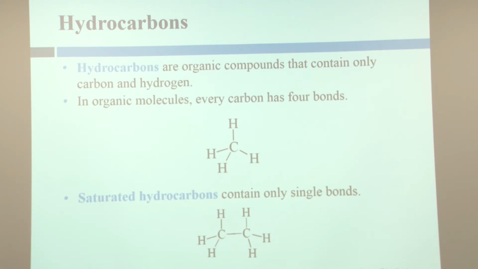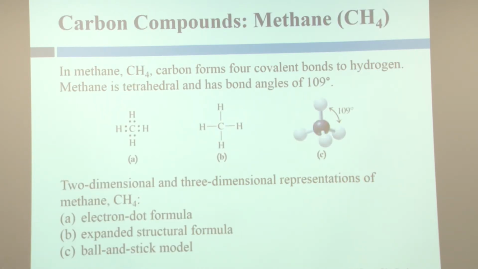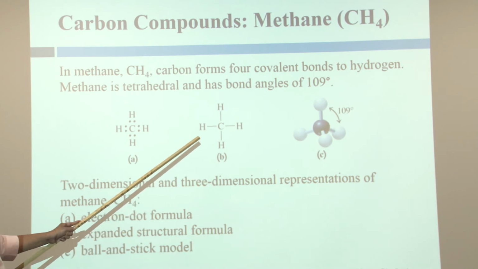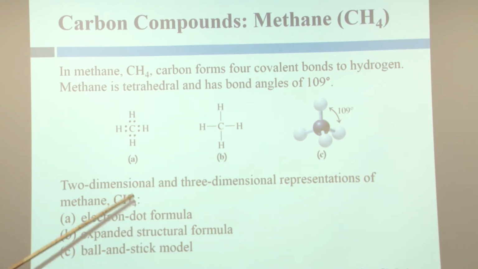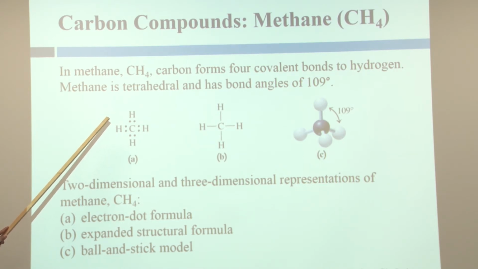So the terms are what we are looking at. Again, the first compound is methane, 1 carbon, 4 hydrogen. Again, every carbon has 4 bonds. This is the electron dot structure. If you remember, we talked about completing the octet. Carbon comes with 4 electrons and is getting up to complete the octet, 8.